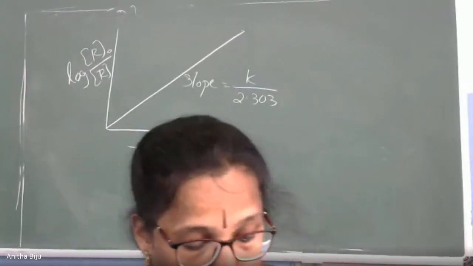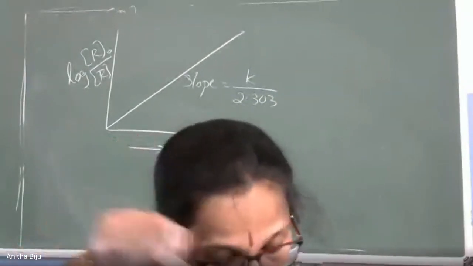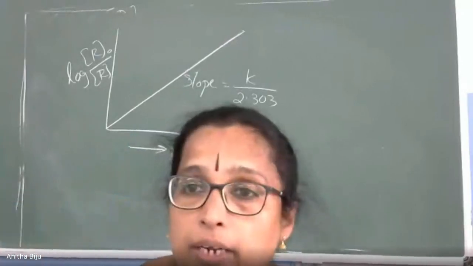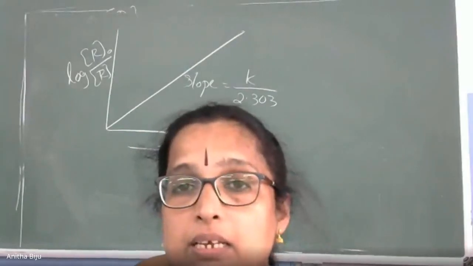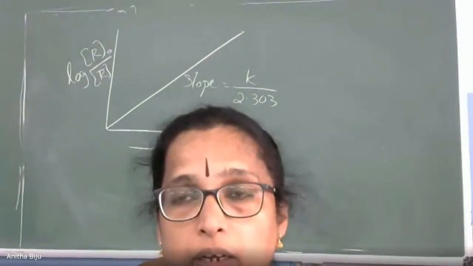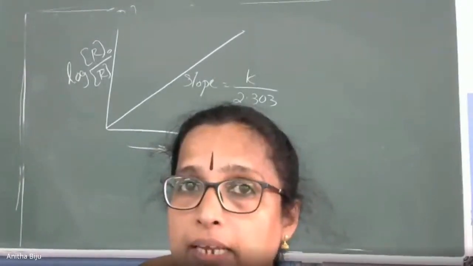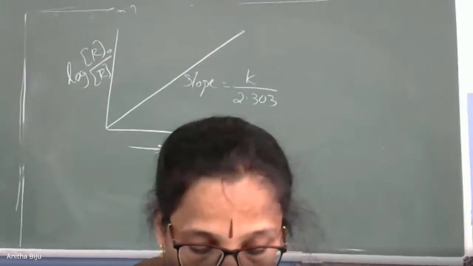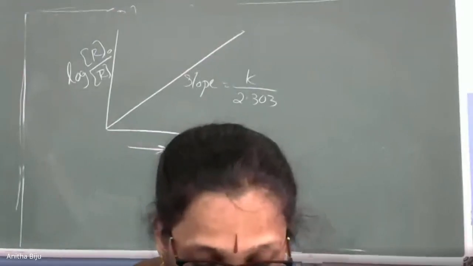The rate constant for a first order reaction is 60 second raised to minus 1, because you know that the unit of K for a first order reaction is second raised to minus 1. Full stop.